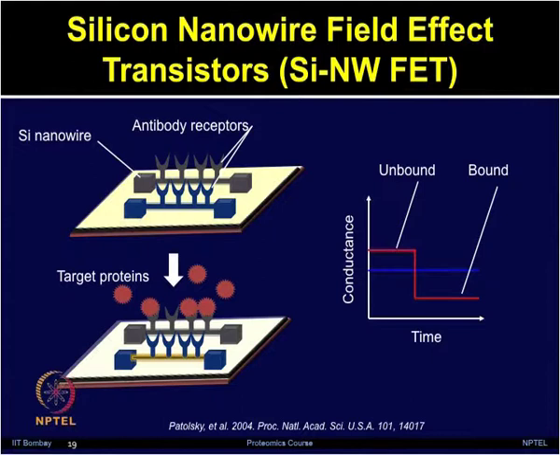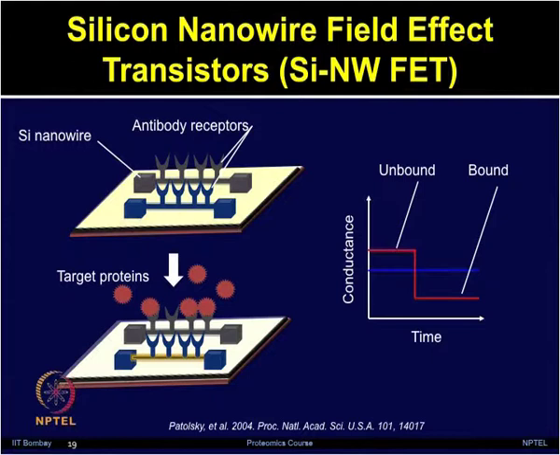Now, when you want to study some target proteins and if there is any interaction of the target proteins with the antibodies, as shown in the bottom panel, these target proteins will bind to the antibody receptors, and now these silicon nanowires will show the change in the conductance, as you can see in the right panel, where conductance is plotted on the y axis and time scale on the x axis.